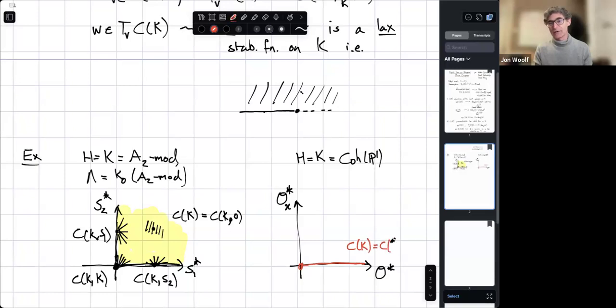And it has a non-zero kernel subcategory. So it's all the torsion sheaves on P1 that you get as the kernel subcategory, because this is the ray that annihilates all the skyscrapers.